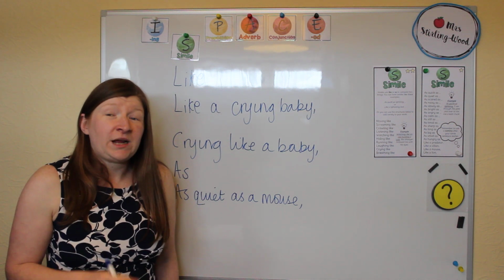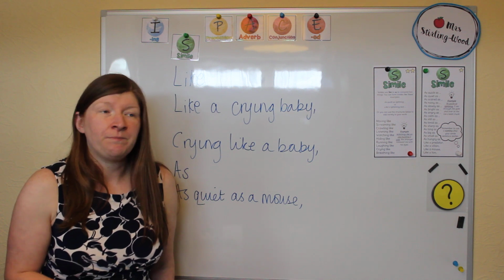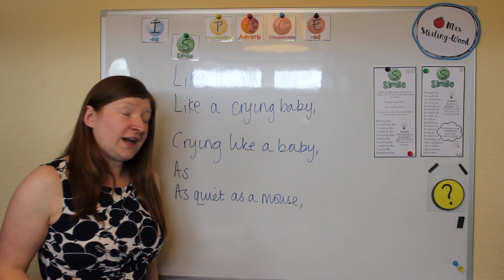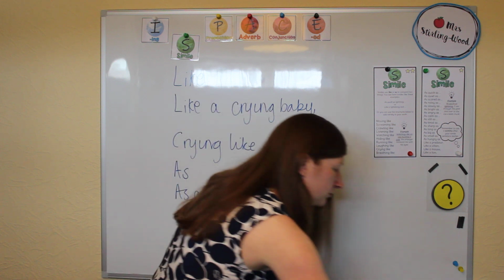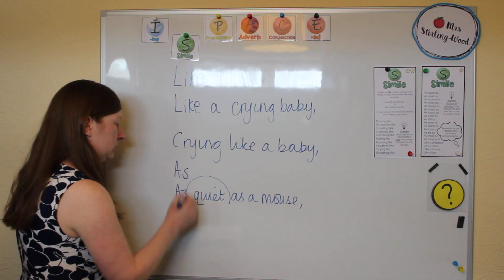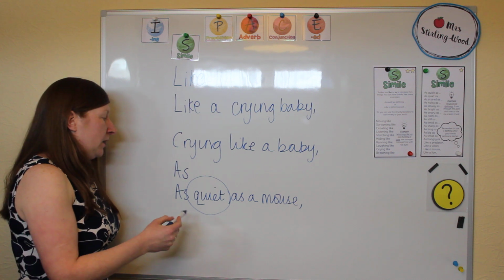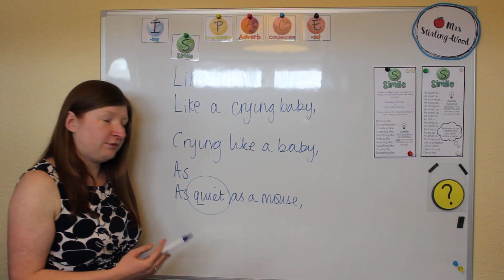We can all imagine how quietly a mouse would sit and eat something or would sit in a corner. So we can apply that knowledge to what we're reading to help us get a better understanding of what the author is trying to get at. In the middle, we drop an adjective in, okay? And you can be as creative as you like with these adjectives and similes to make your writing really interesting.